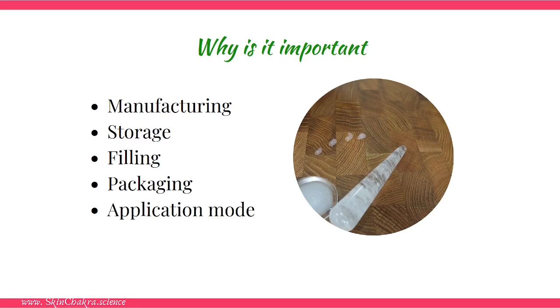When you start creating a new concept and a new product, you usually have 2 approaches. You either have a certain packaging in mind and you want to adjust the viscosity to that certain packaging, and then go for the manufacturing machinery, storage methods, pumping methods, and the filling machine.